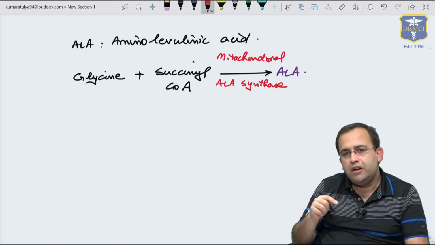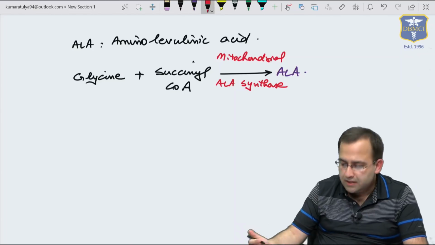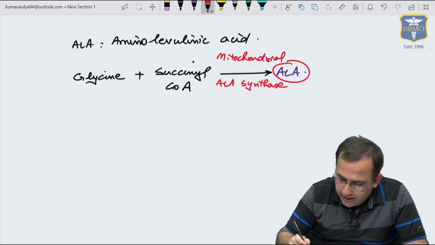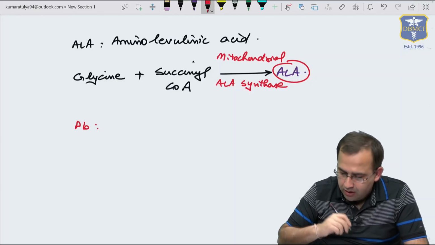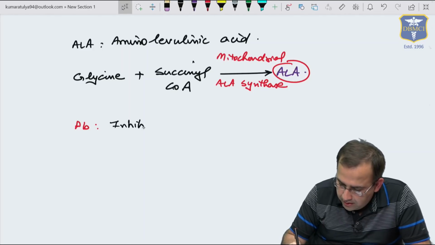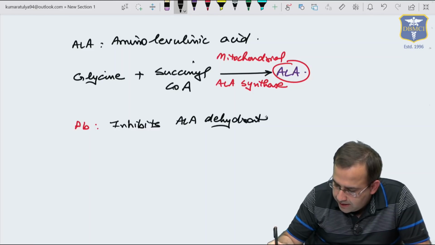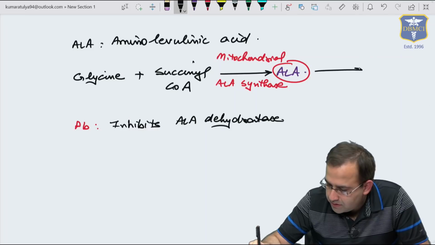Excessive lead inhibits the action of ALA dehydratase, which was the next step, which in turn goes for heme synthesis. This is the heme synthesis pathway.